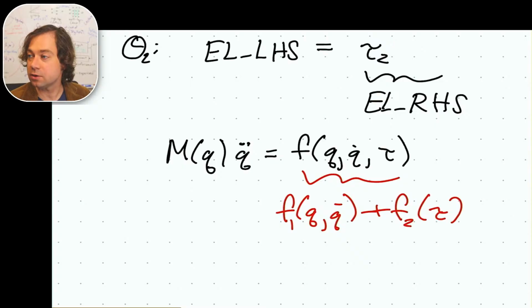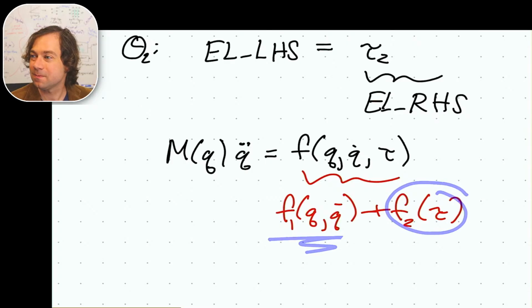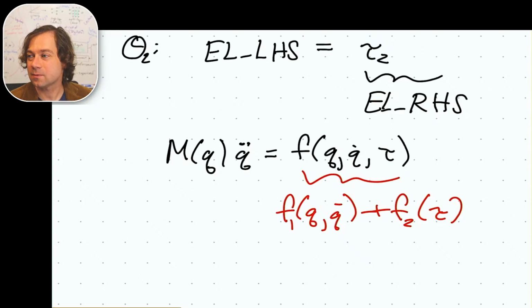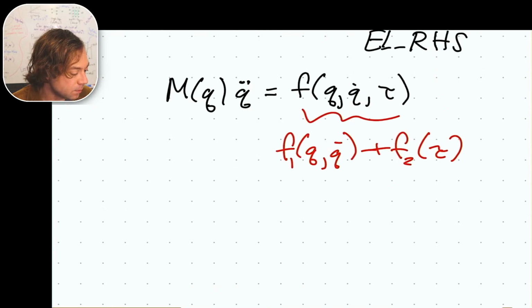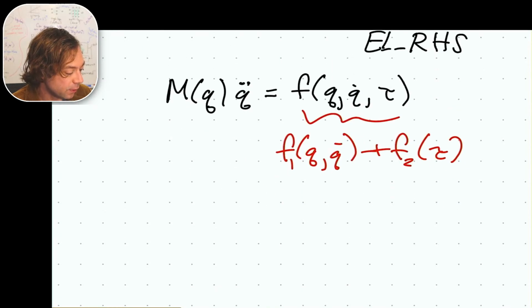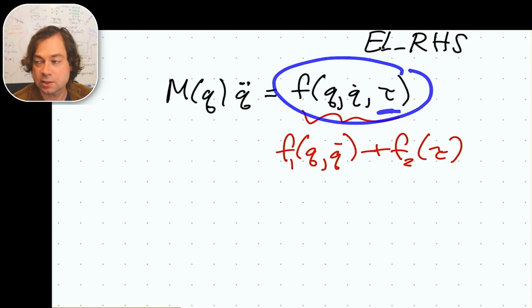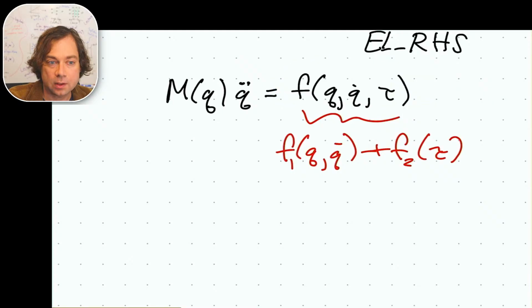We can break those into terms that are dependent upon tau and everything else. So how do we do that? If we want to figure out what f1 is, well, that's equal to this, but we substitute in 0 for tau, right?